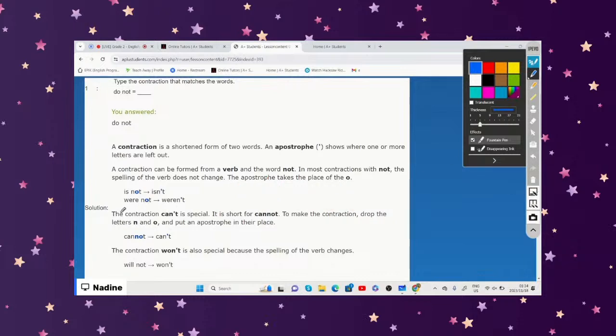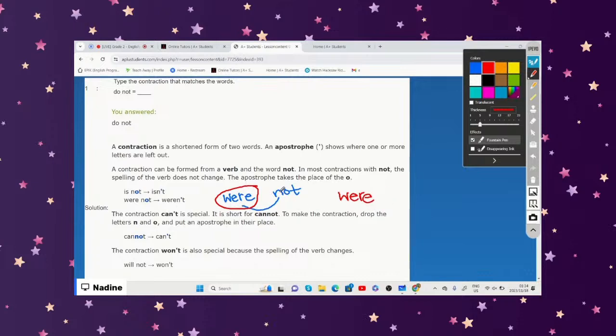The same with were not. We need to put these two words together to form our contraction. Remember we said that our verb stays the same. Bring our verb there. Now we need to add not to that word.